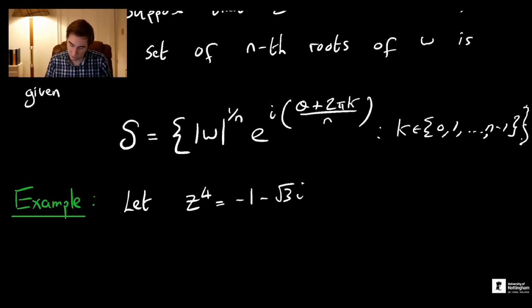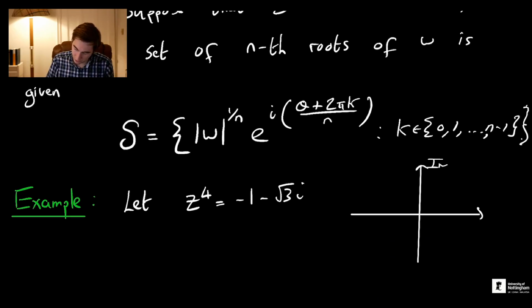So we know that that lies, if we draw our picture once again, this is the imaginary part, this is the real part, and this lies somewhere down here. This is 1, this is root 3. And we've already seen that this angle here was pi over 6, and the total angle was minus 2 pi over 3.